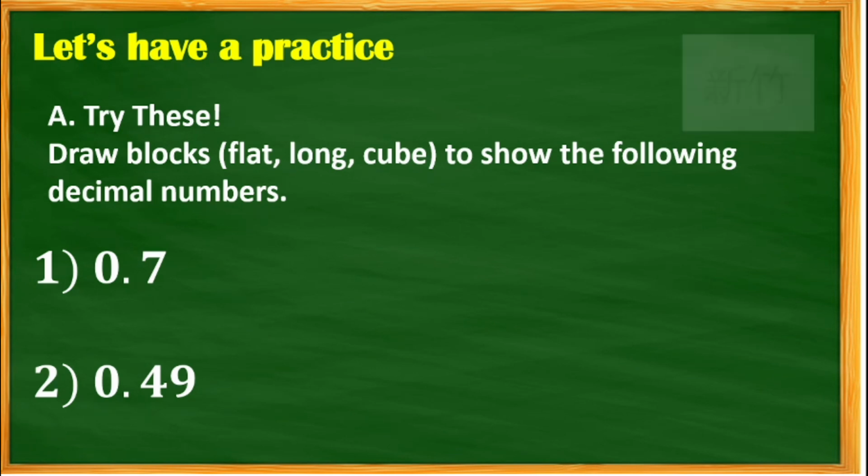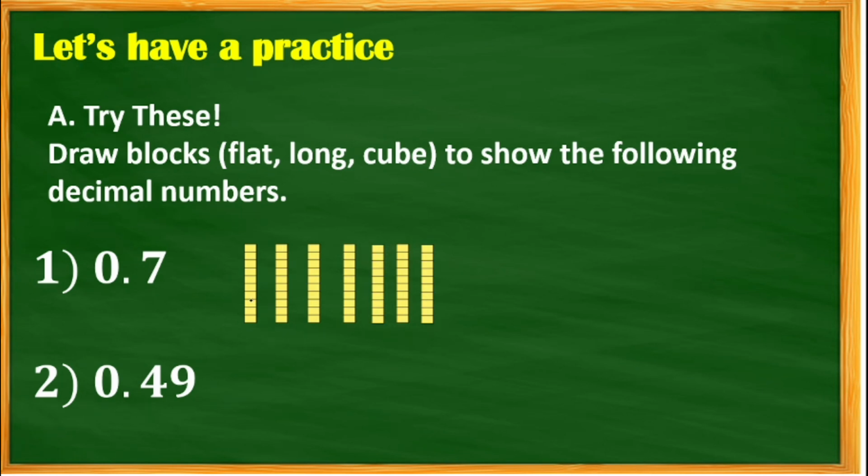Okay, time's up. So let's reveal the answer. So 0.7, 7 tenths, is the equivalent value, with a visual representation of this. So we have 1, 2, 3, 4, 5, 6, 7 longs. This would be the visual representation of 7 tenths.